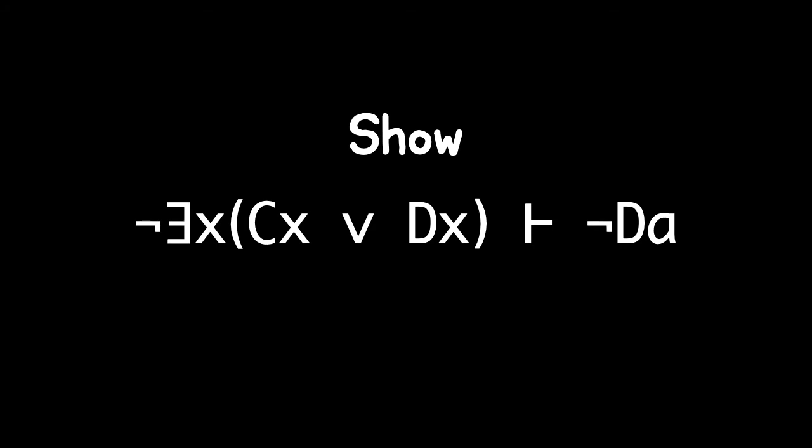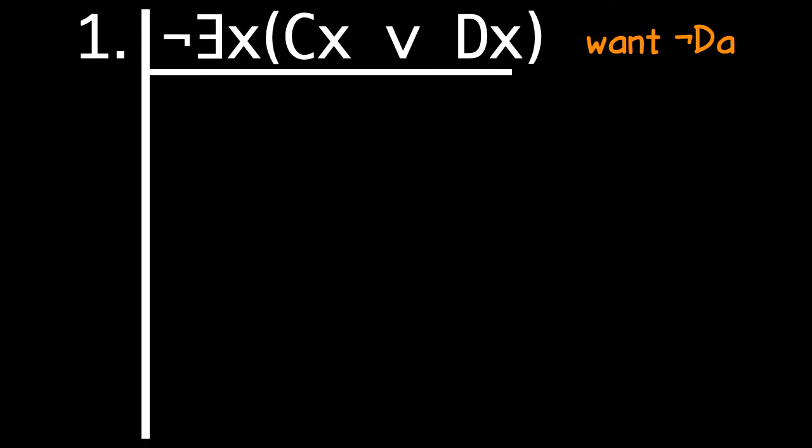Here's an example. Suppose we're asked to show, given not exists x, Cx or Dx, that we can prove not Da. There are a number of ways to do this proof, but here's one of them.